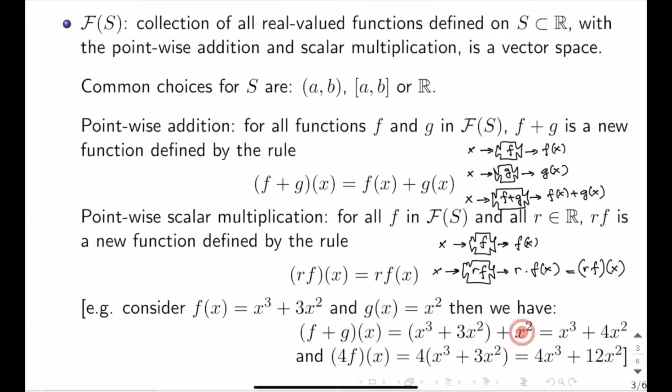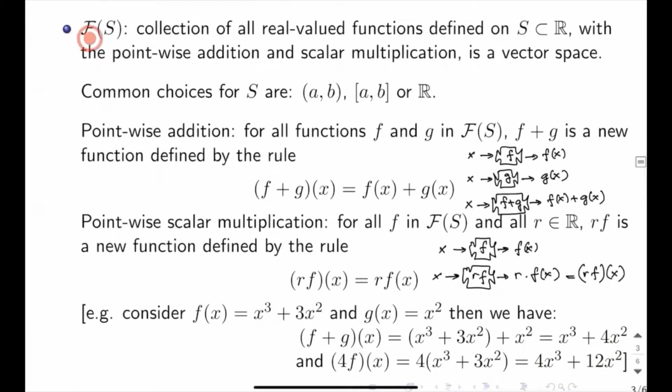And so you can combine the like terms and you get this function. So the summation function turns out to be this. Similarly, if you want to compute 4f of x, then you multiply 4 with the function f, and you get 4x cubed plus 12x squared.